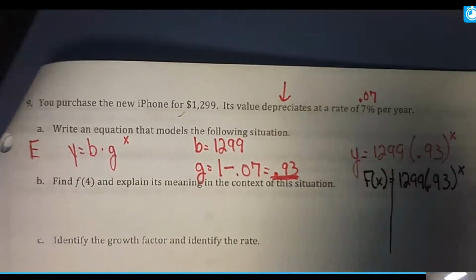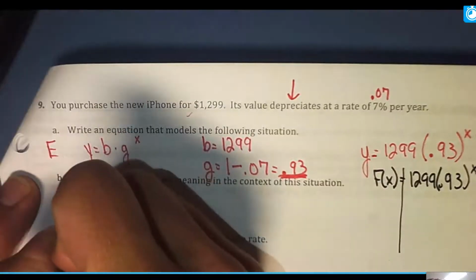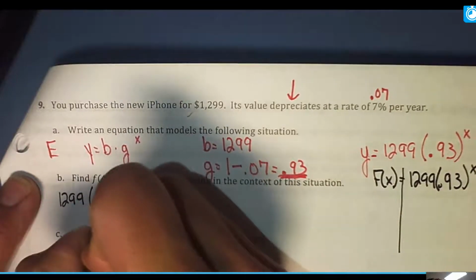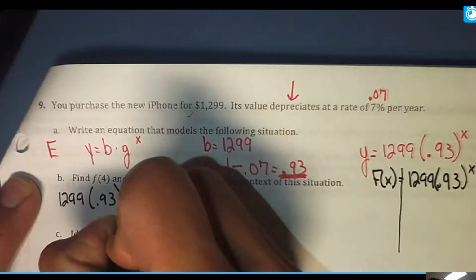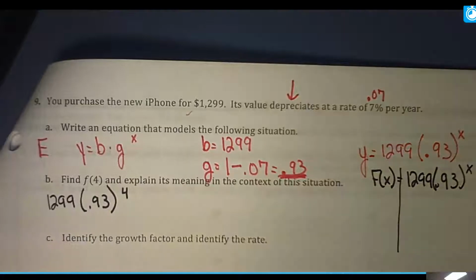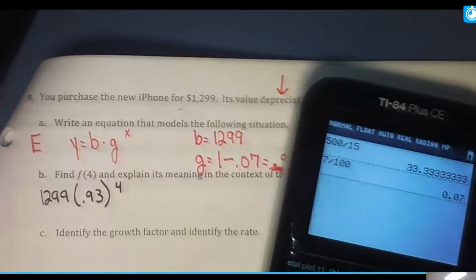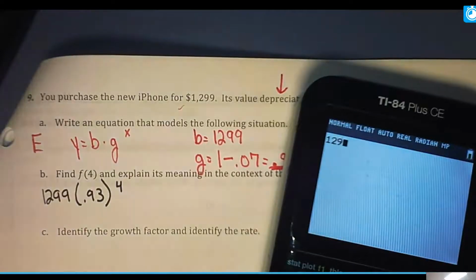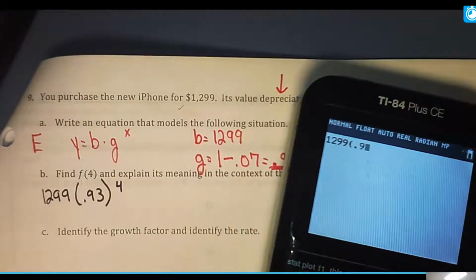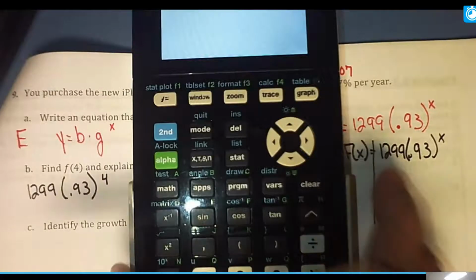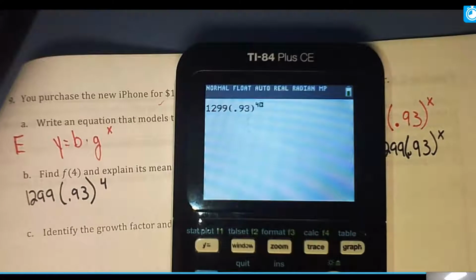So x will be going over here on the right. Again, always write down what you are going to type into your calculator. That way, if you get the wrong answer, maybe it's just that you typed something wrong into here. Okay, so $12.99, parentheses, 0.93, close the parentheses, hit your exponent button, and put it to the 4th power.